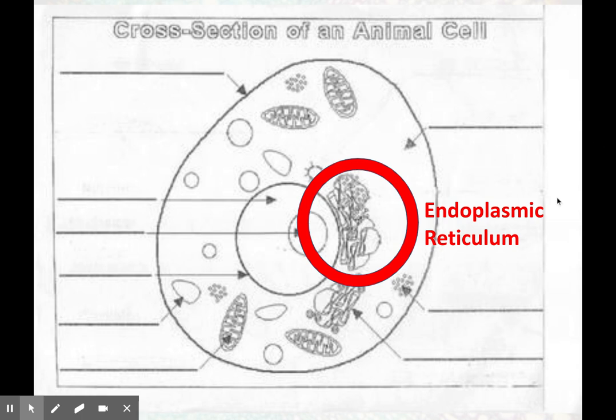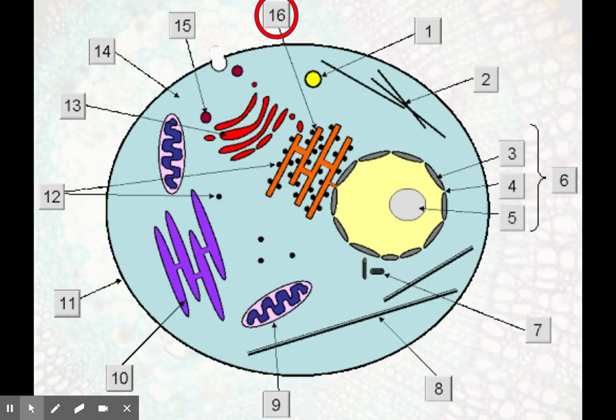On this diagram, it doesn't have a spot for a label. There's no arrow pointing to it, but it is where it's supposed to be. Right here next to the nucleus is the smooth and rough ER. Here's the rough with its ribosomes, and down here is the smooth without ribosomes.